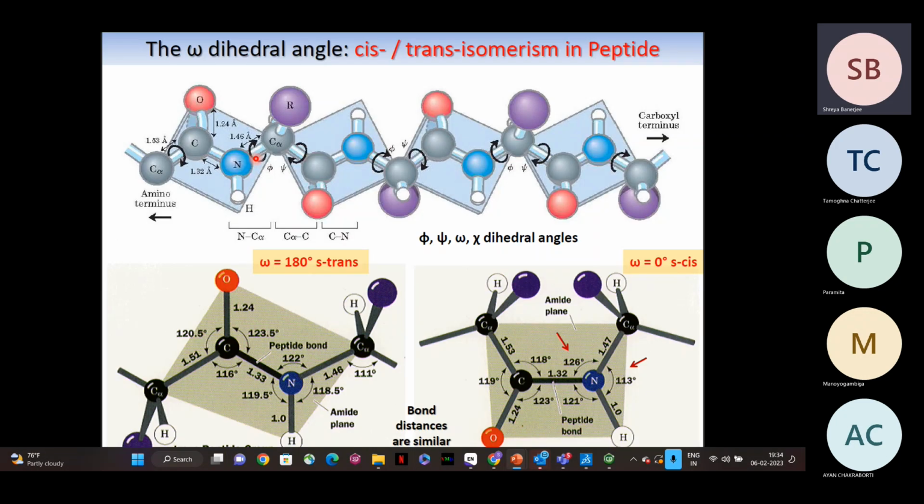To recap, if you start from carbonyl carbon and go to the next carbonyl carbon, that is phi. If you start from nitrogen and go to the next nitrogen, that is psi. And if you start from C alpha and go to the next C alpha, that is omega. Chi is not shown here, only the backbone is shown, so chi can't be seen.